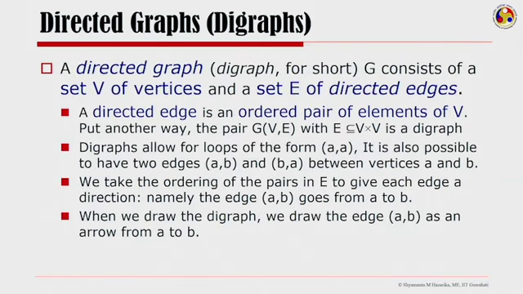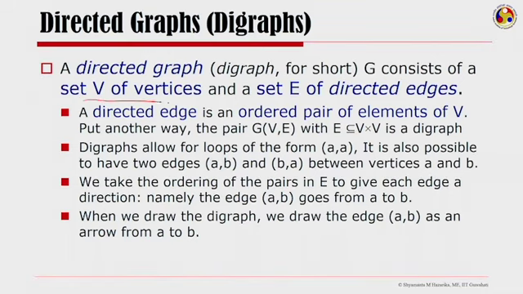What we are more interested in when we are looking at graph search for solutions to given problems are what are called directed graphs, or digraphs for short. Here again it has a set of vertices V, but the set of edges is actually directed edges. So what are directed edges?